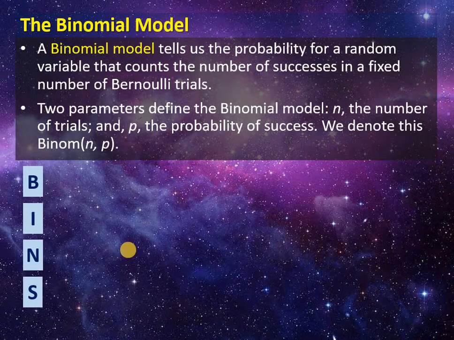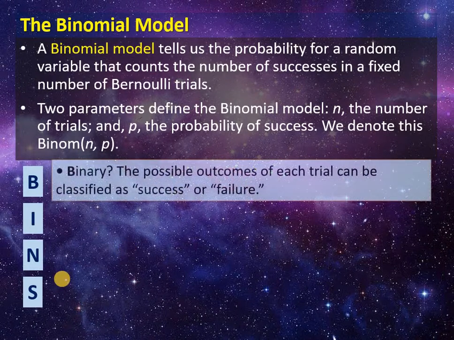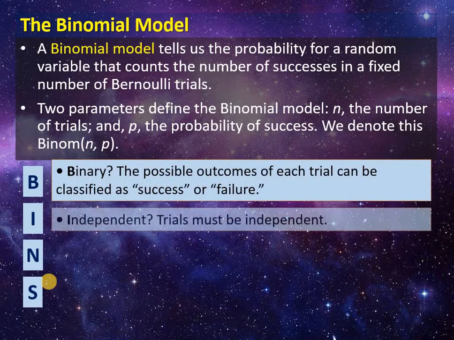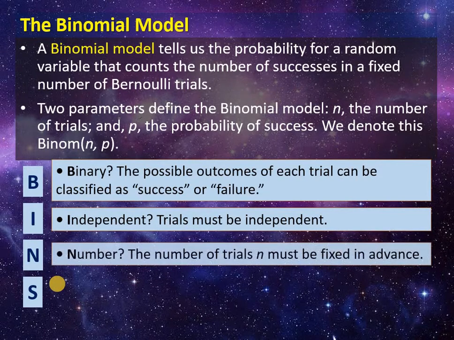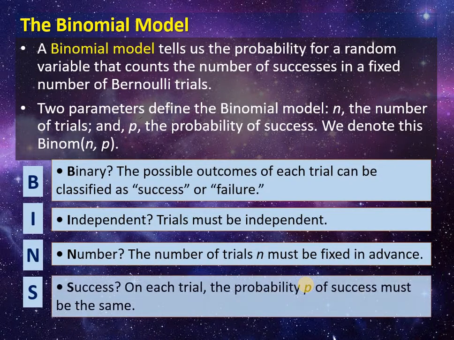Instead of counting until, for this case, B is still binary, I is still independent, but we have an N because we're looking for a fixed number of trials. Instead of go until, now we have a fixed number of trials, and it's got to be fixed in advance. You can't say, if you haven't hit a success by the 3rd time, go until you have 10. You're not mixing this stuff up.